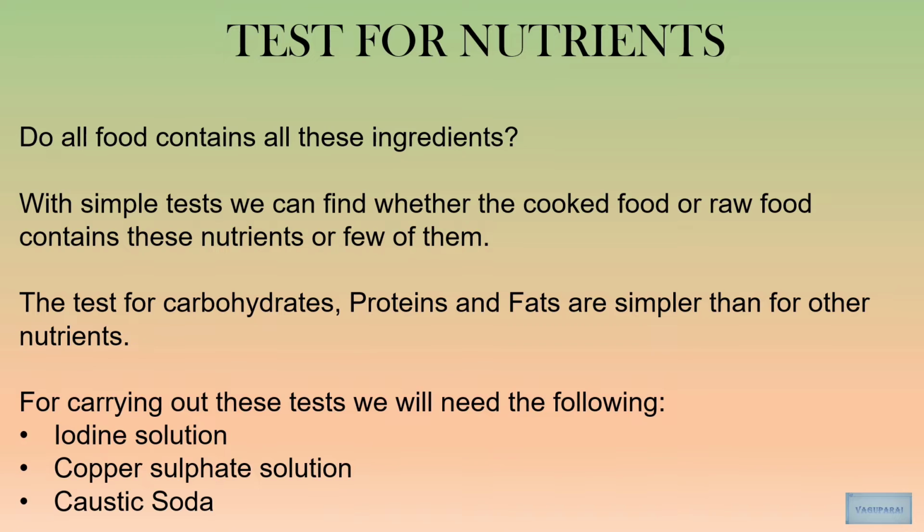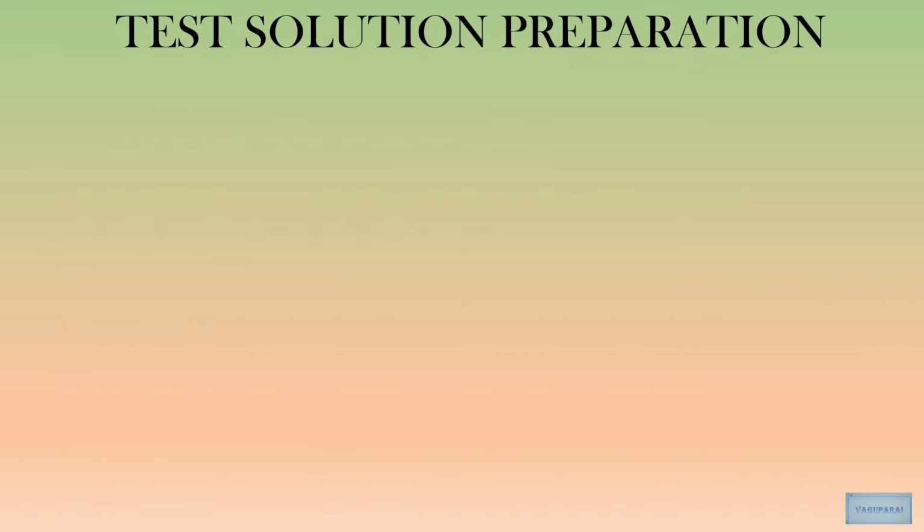To test that, we are going to take carbohydrate, protein and fat rich foods and test for these nutrients. To test it, we need three solutions: iodine solution, copper sulfate solution, and caustic soda. Now we learn how to prepare these testing solutions.